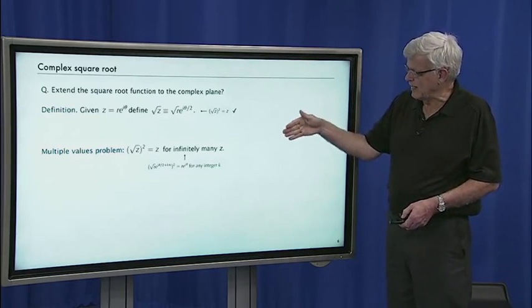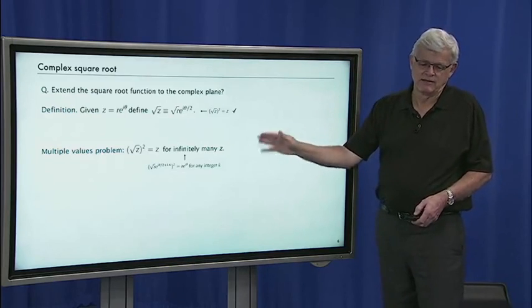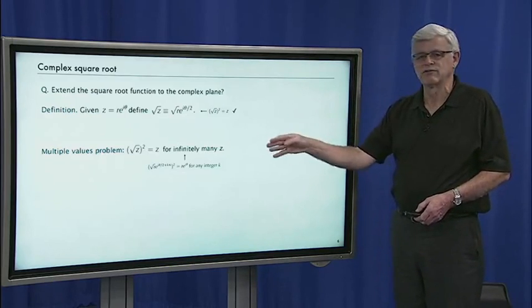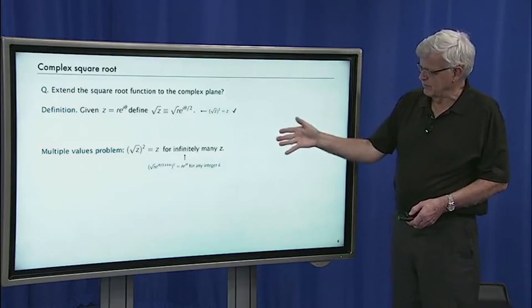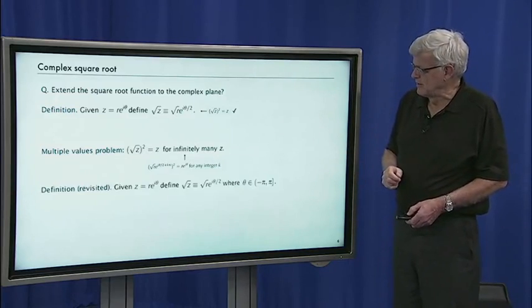So for any integer k, we've got a number that if you square it gives us back r e^(iθ). So that's the so-called multiple values problem.